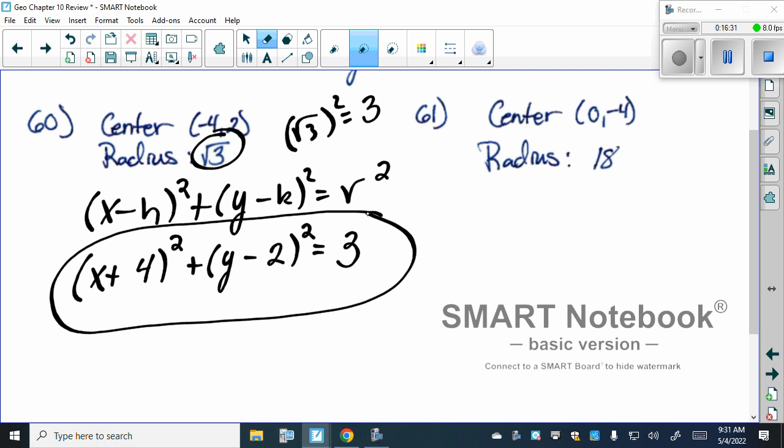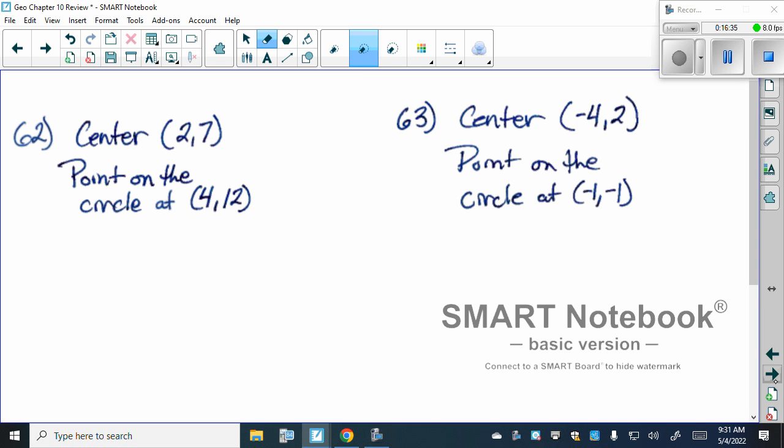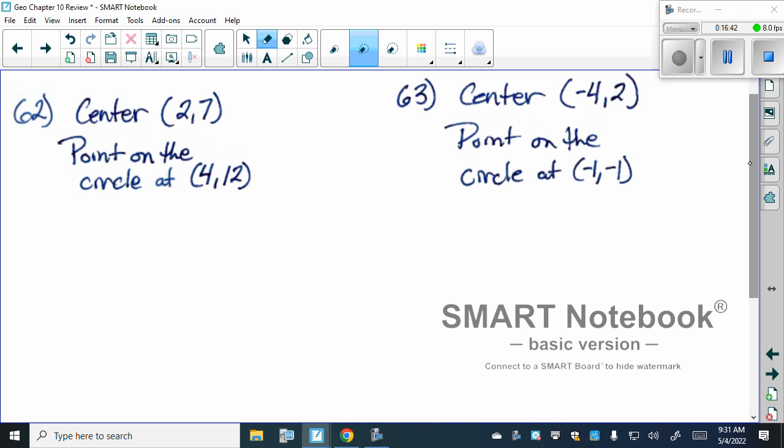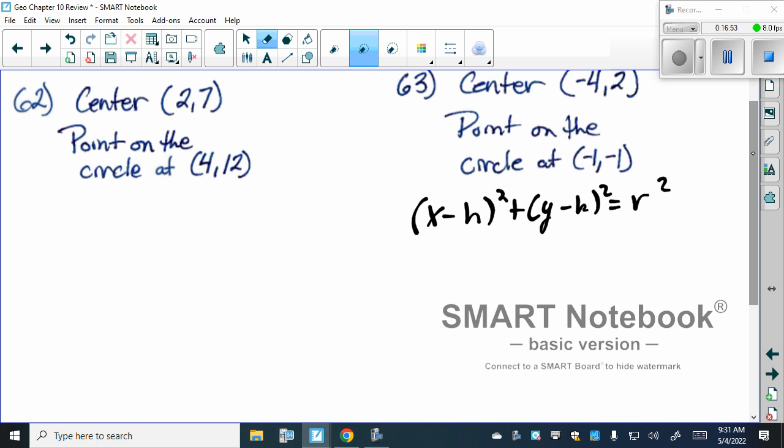Questions on this here? Do we want to look at 62 or 63? 63. So we do have the center. And the h value of the center is negative 4. So that's going to make it positive 4.